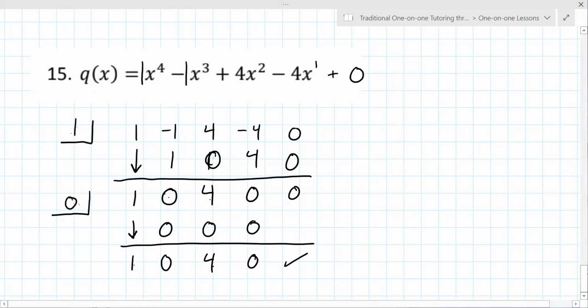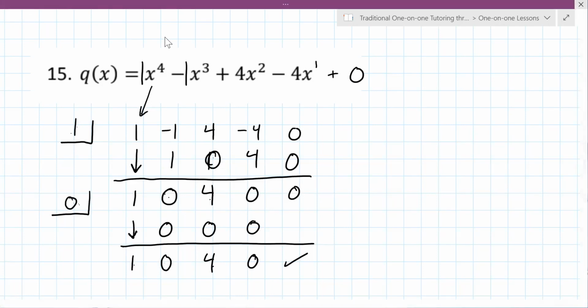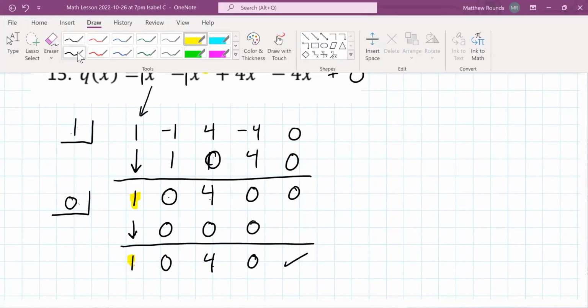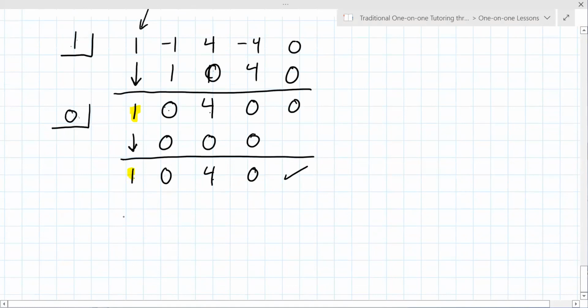But okay, here's another important thing. This was an x to the 4th. Then this 1 down here that I'm about to highlight was x cubed. This is an x cubed. So this last one is now an x squared. So the net result here is that you're down to x squared plus 0x plus 4.